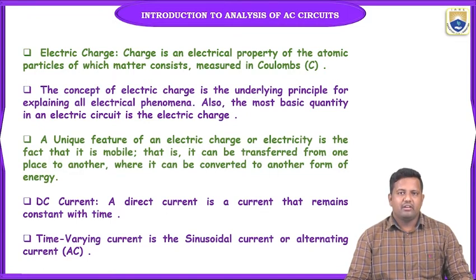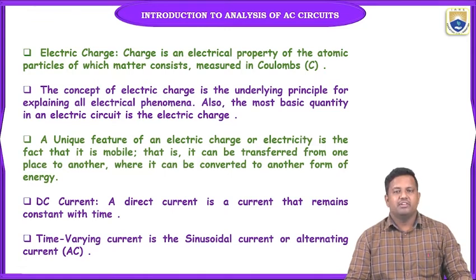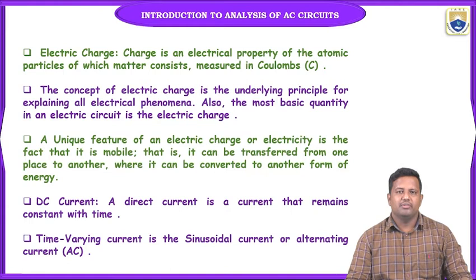If we provide external energy to these electrons, they consume that energy and move freely from one point to another, and then we can say electricity is flowing. Thereby nowadays we generate electricity in any place and transmit it comfortably from one place to another due to this mobility feature.